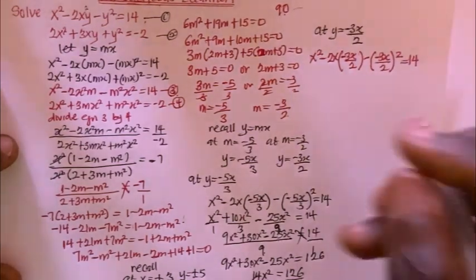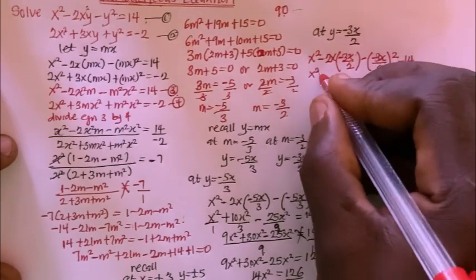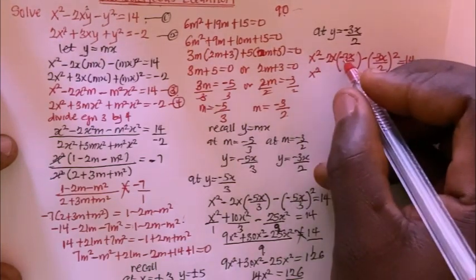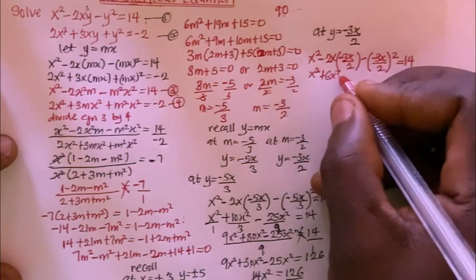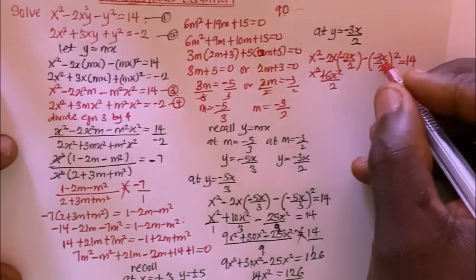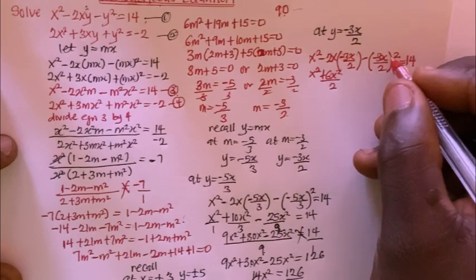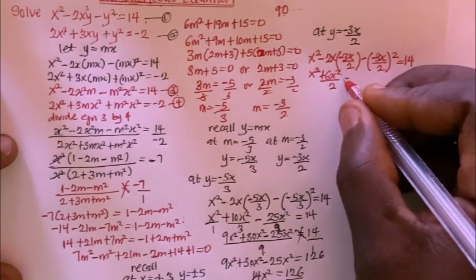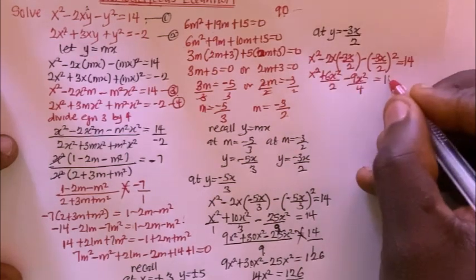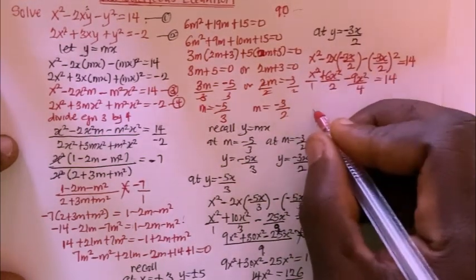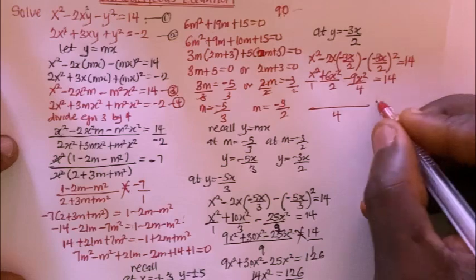Then let's simplify this so that we're going to have x squared, then minus 2 multiplied by this, plus 6x squared divided by 2. Then followed by this, minus 3x all squared, that's going to give us minus 9x squared divided by 4 equals 14. Then let's just find the LCM here, which is 4.